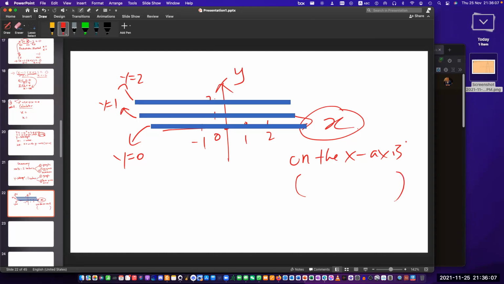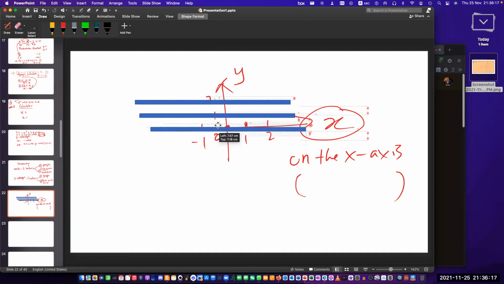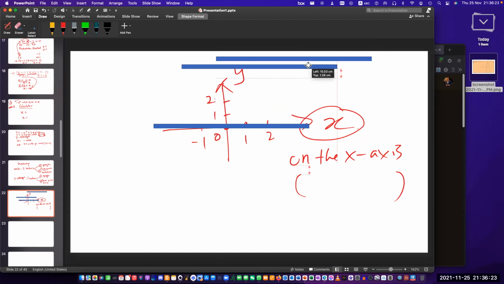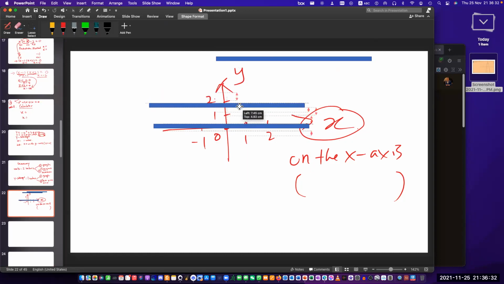So the first thing you do is you just put one line on the x-axis first. This is the line which is on the x-axis. Before you can figure out what the meaning of this line is, you probably want to put a line here.